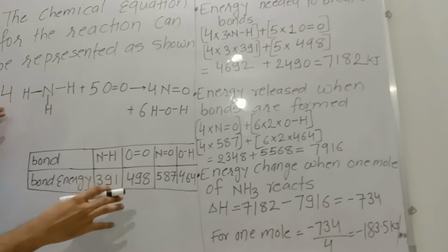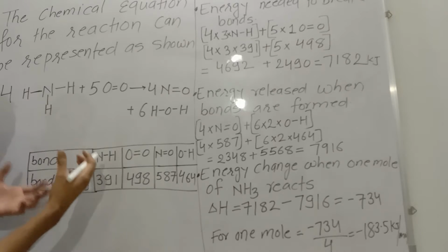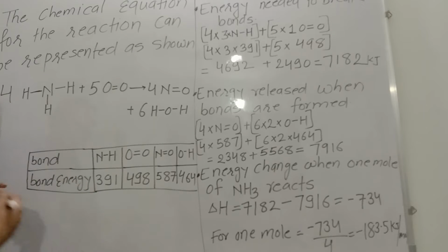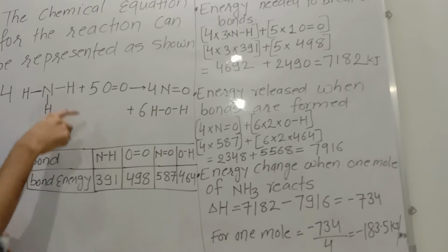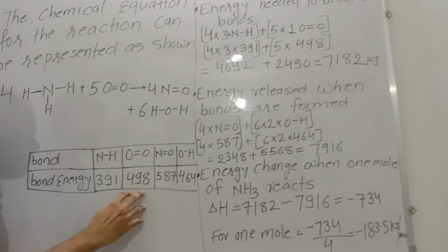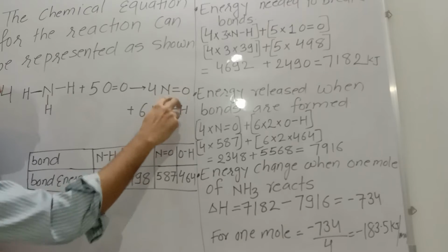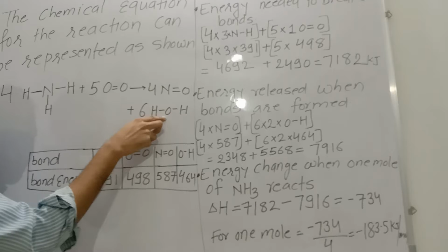Based on this, there is one table given, that is bond energy is provided. For example, N-H bond energy is given, that is 391. Then oxygen, the bond energy is given 498, and NO, its bond energy is 587, and O-H, the bond energy is 464.